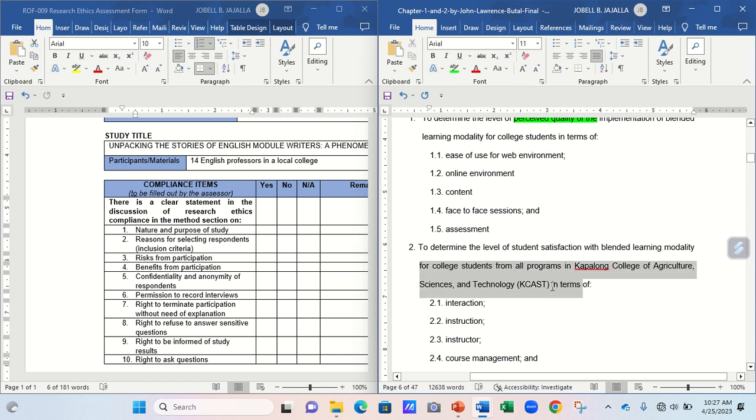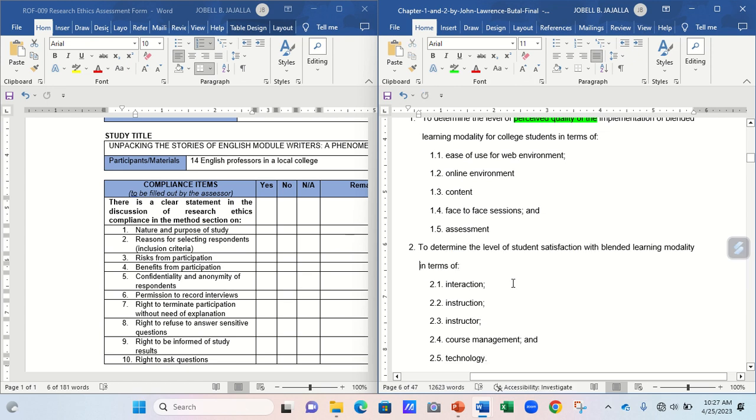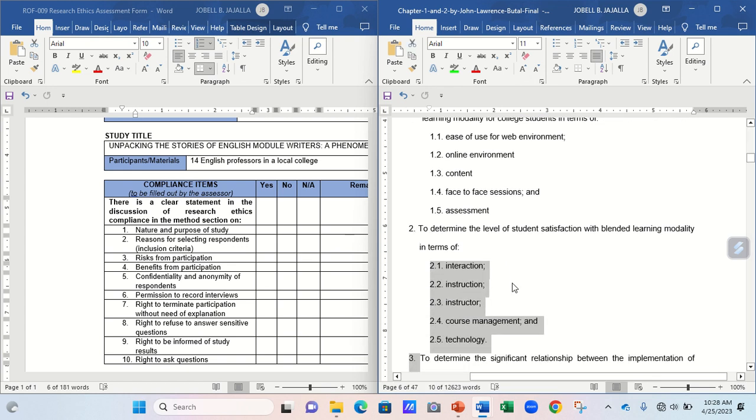Since you have mentioned already the student, just delete that: to determine the level of student satisfaction with blended learning modality in terms of the following indicators. So it is clear and specific.